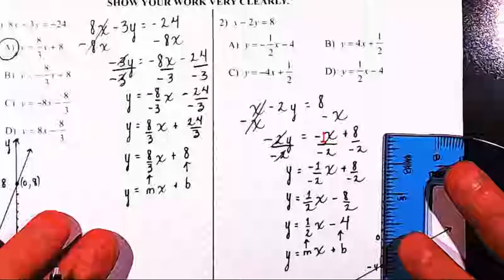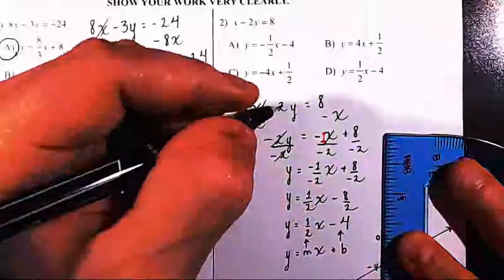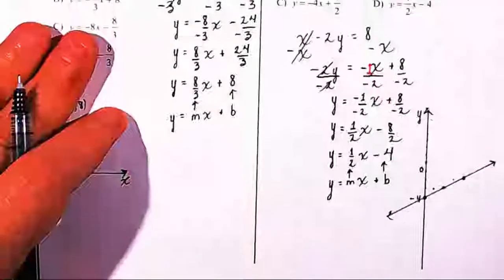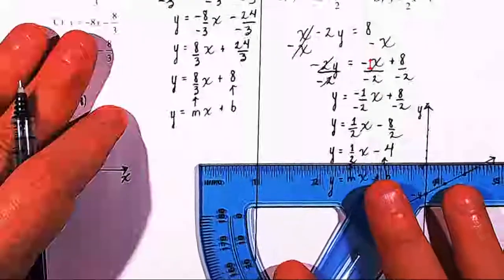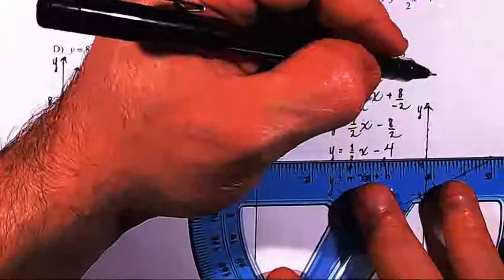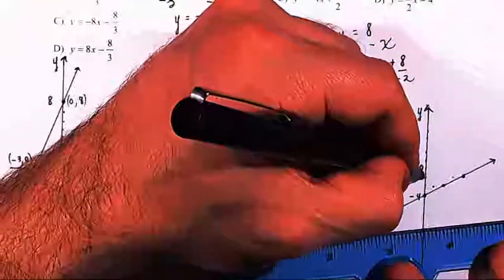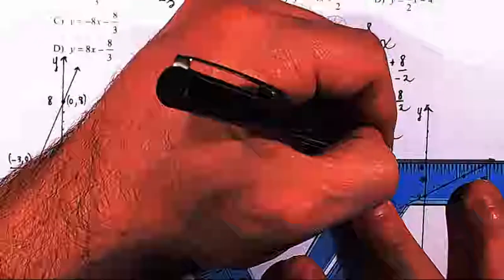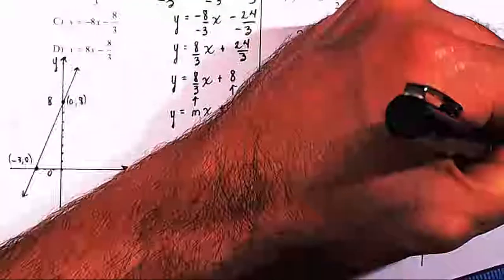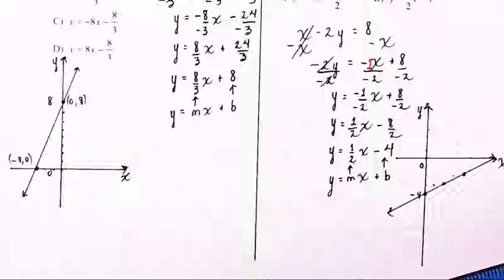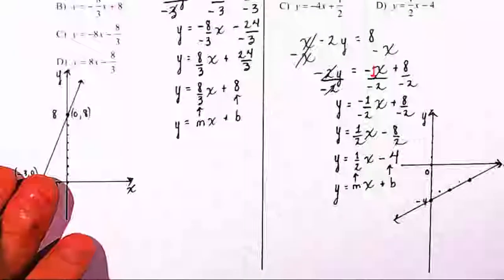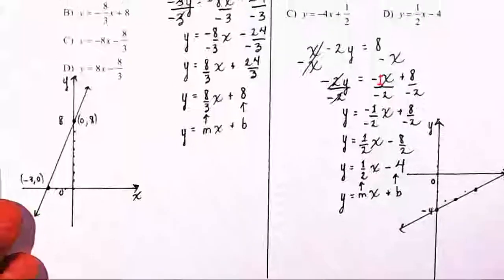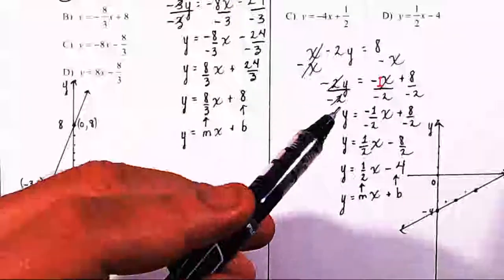Right? So in this case, the graph looks a little different because it's below the origin point. Okay, that's the x-axis. All right? So that is number 2.